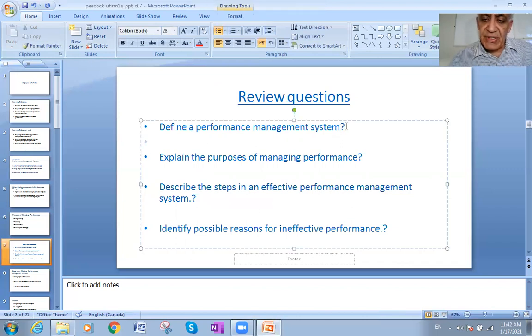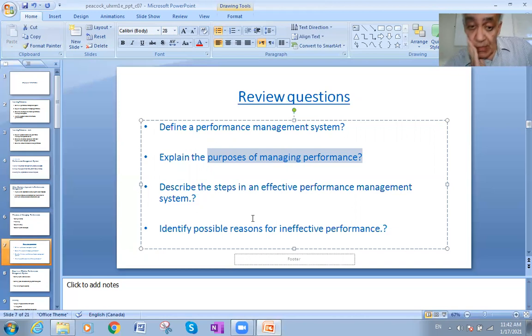I want you now to stop and ask yourself these questions. What do we mean by performance management system? The second question: explain the purpose of managing performance. What do you mean by managing performance? Like we said before.